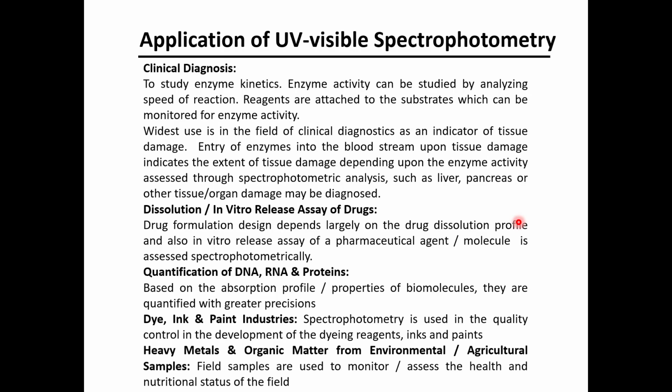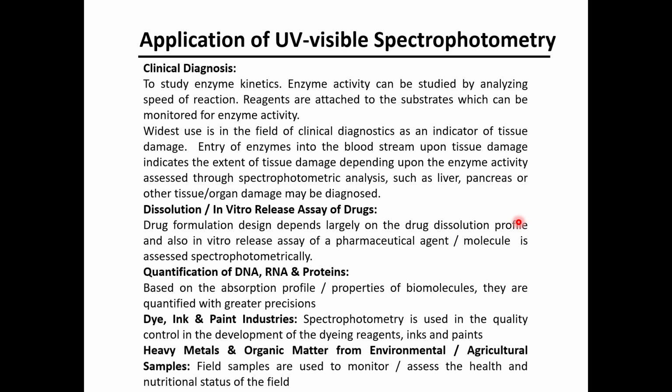Application of UV visible spectrophotometry in biomedical engineering. Clinical diagnosis: to study enzyme kinetics, enzyme activity can be studied by analyzing the speed of reaction. Reagents are attached to the substrates, which can be monitored for enzyme activity.